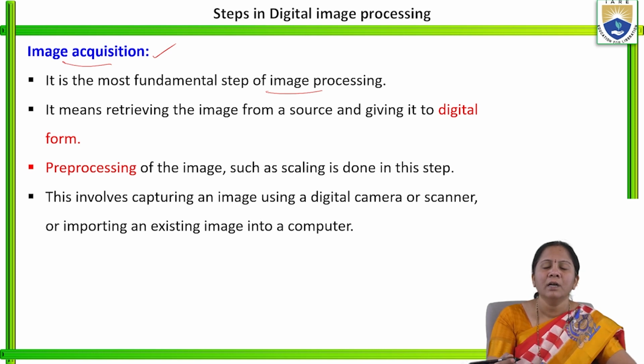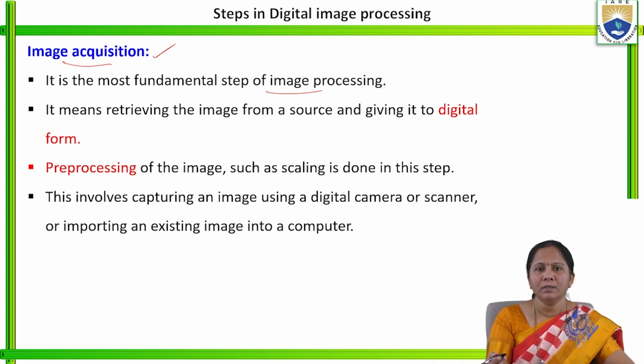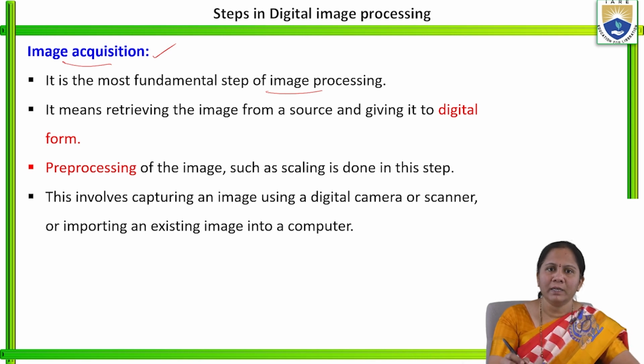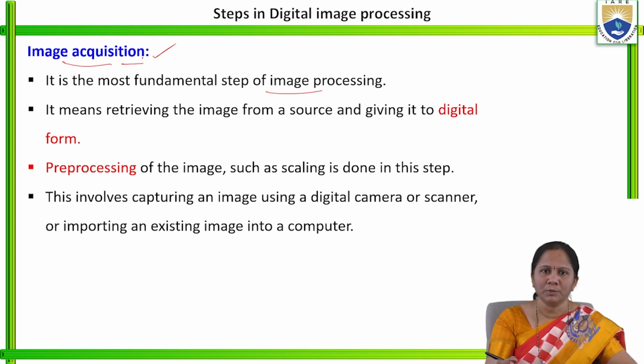That means the image we capture using sensors will be the unprocessed image, that is the raw image, and that image will be completely modified by the image acquisition block.